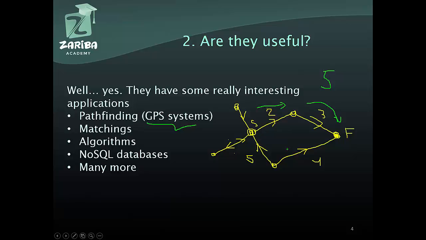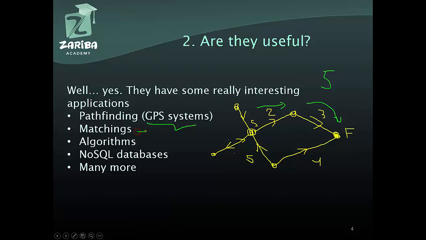So yeah, GPS. So yeah, this is a simple example, and imagine if you have a really huge network where you can actually get, I don't know, thousands of paths, and you have to calculate which is the shortest. Then it's not going to be that clear what your solution is, right? And there are algorithms that do that for you, and they use graphs, at least in the theory. They use graphs to do that.